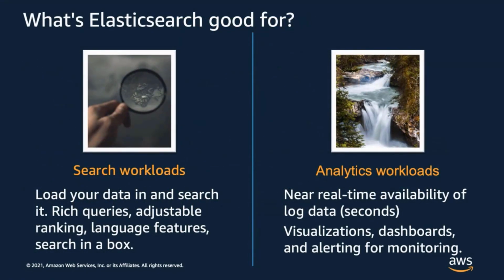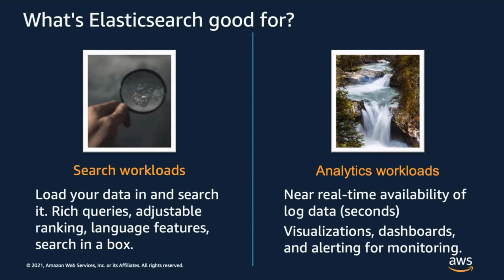If you're not familiar, Elasticsearch itself has been out for about 10 years, and it supports two pretty distinct workloads. First and foremost, Elasticsearch is a search engine. As a search engine, it provides you with rich query capabilities on top of a catalog of data. You can think of something like a catalog of products, a catalog of websites.